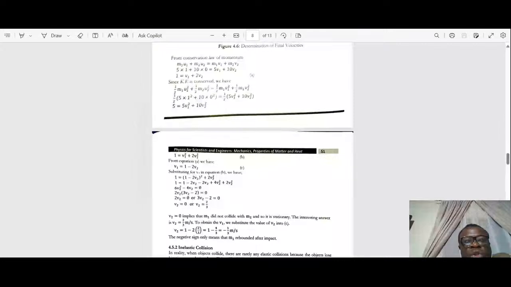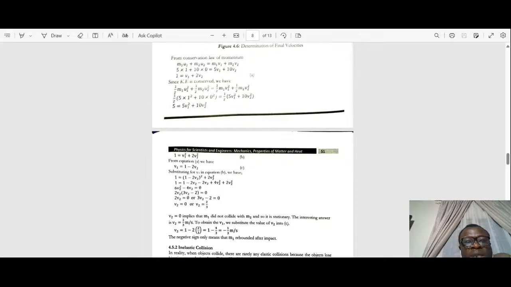So if you now substitute equation C into equation B, we now have 1 equal to, that is where you now have V1, you substitute, 1 minus 2V2 all square plus 2v2 square.